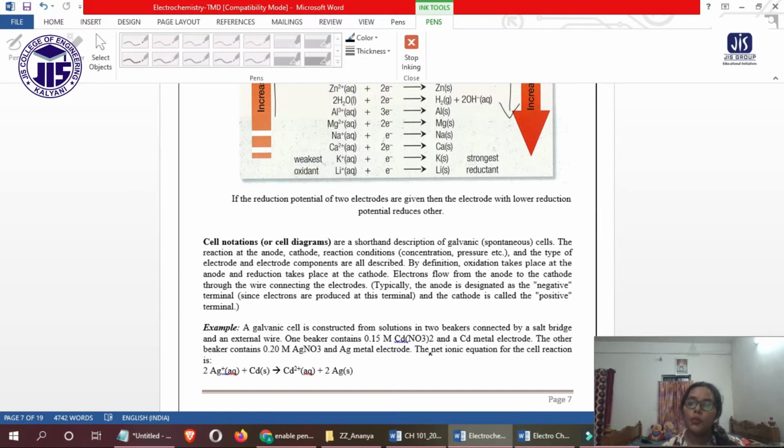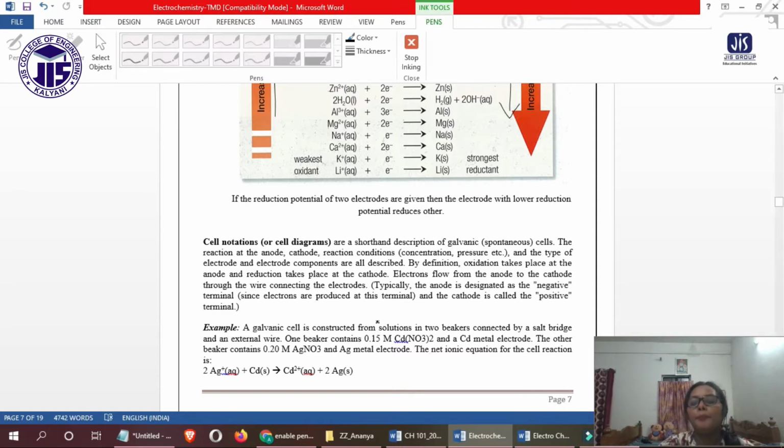Also we can know the reactions when these metals are used for the anode and cathode. So these are some of the things that we can know from the electrochemical series, and this is the importance of having the electrochemical series.